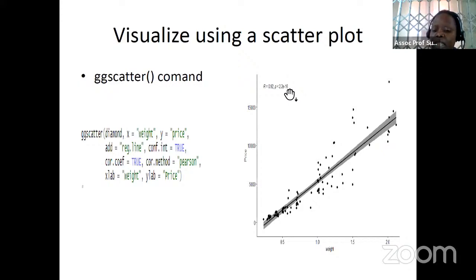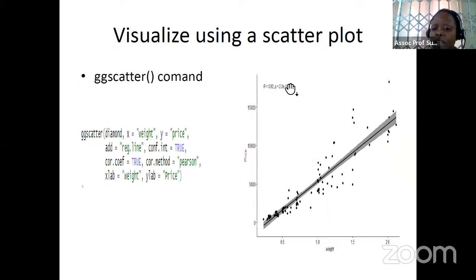This p-value is testing the hypothesis that the correlation between price and weight, the null hypothesis, is that there's no correlation between price and weight at a probability of 0.05. Then the alternative is that there is correlation between price and weight.